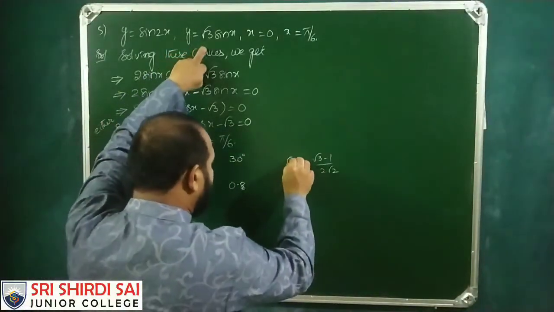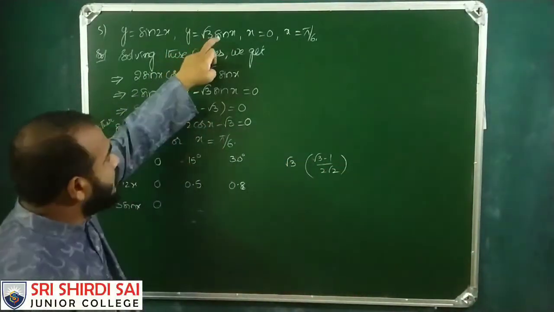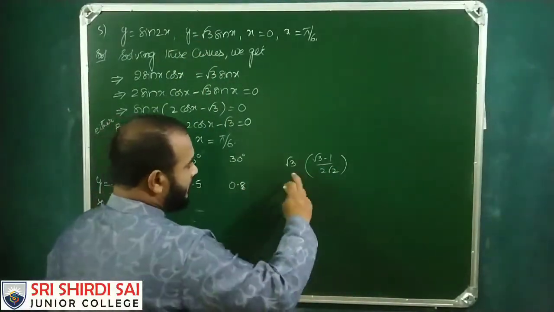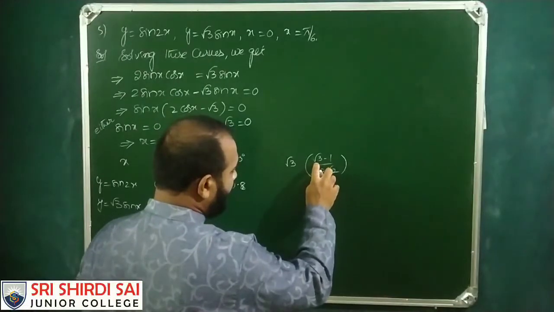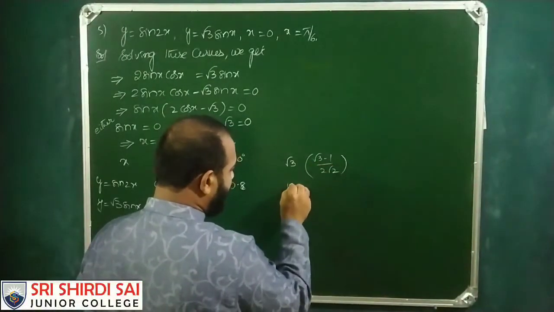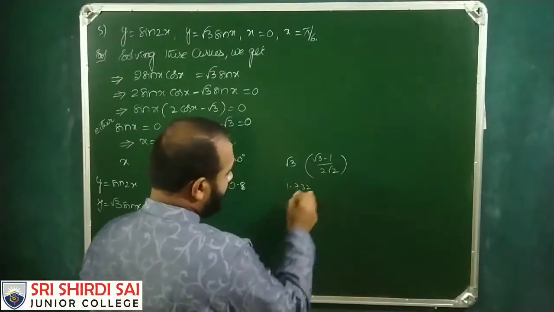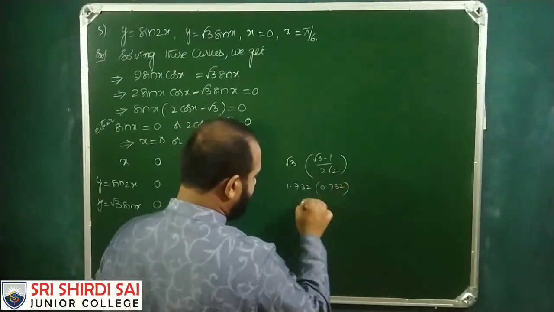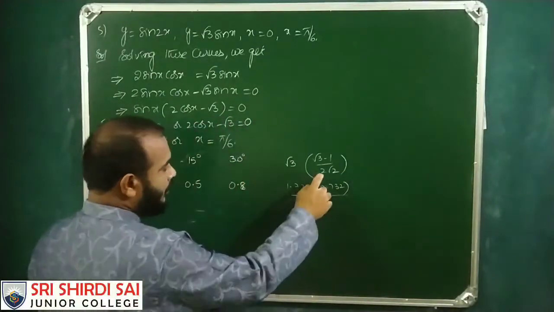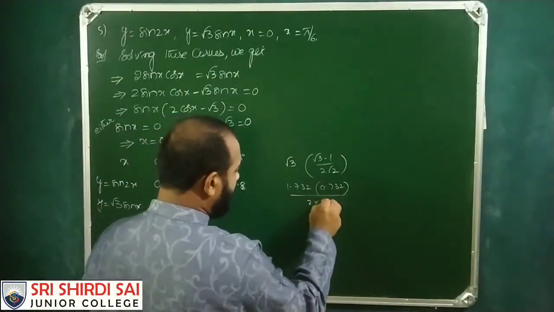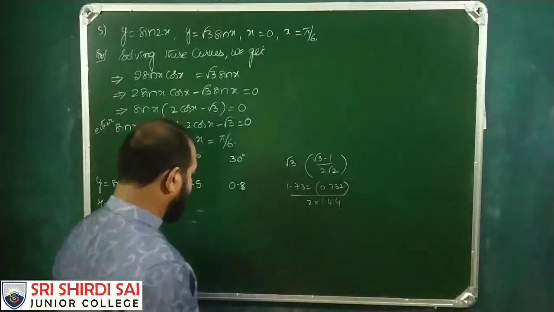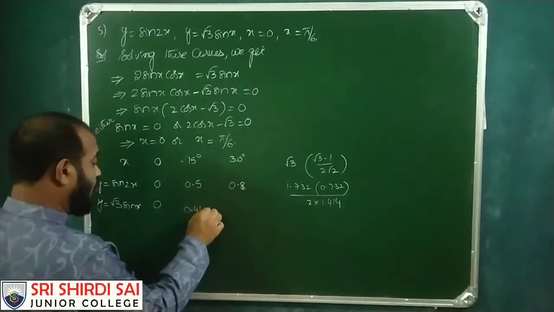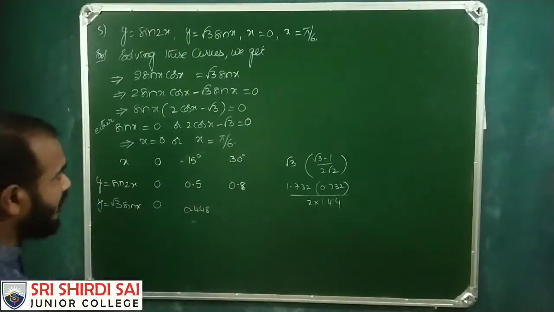So root 3 sine 15 is root 3 minus 1 by 2 root 2, that is 1.732 minus 1, 0.732, by 2 into 1.414. If you do this calculation, we get approximately 0.448.